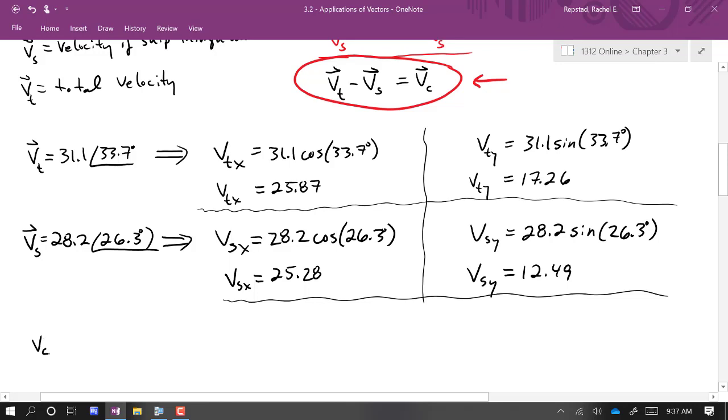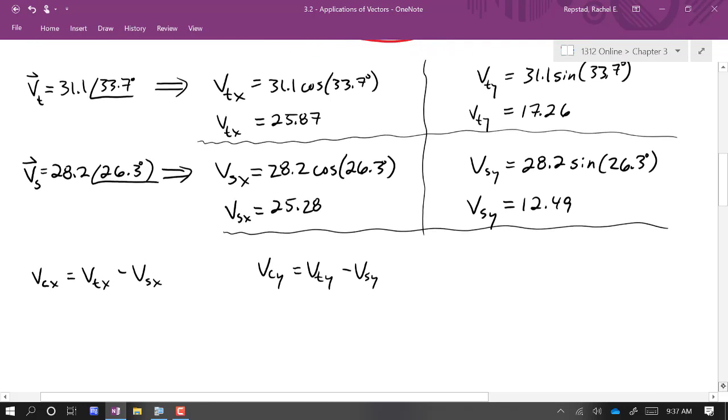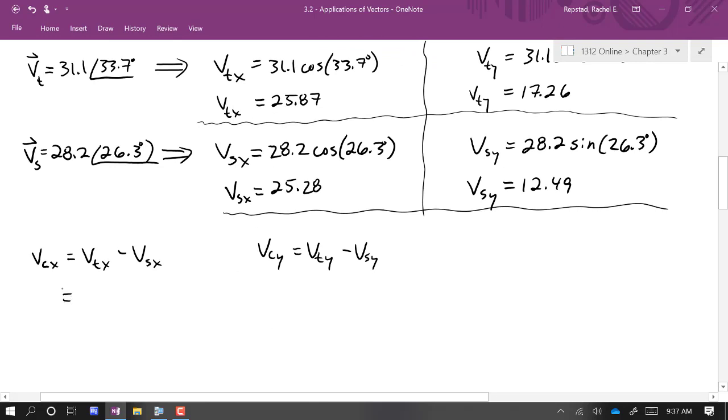So Vcx is equal to Vtx minus Vsx, and Vcy is equal to Vty minus Vsy. So we're just going to subtract these components.